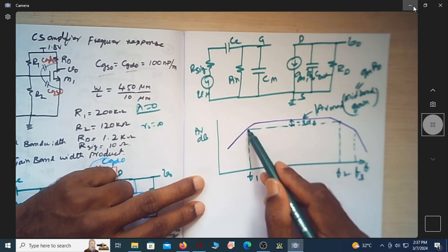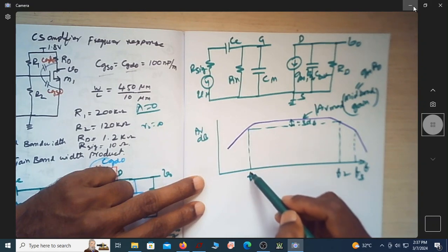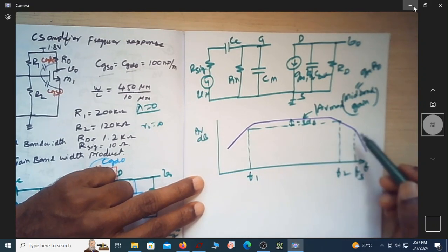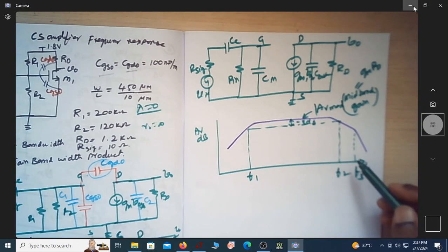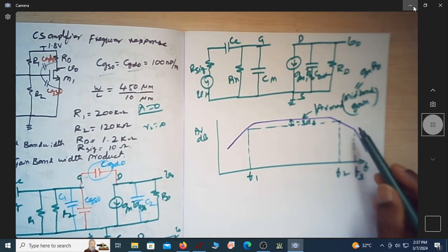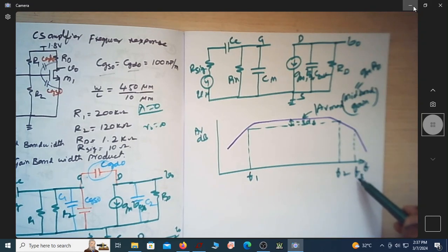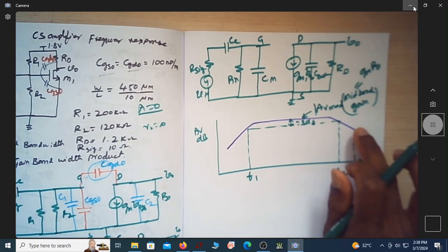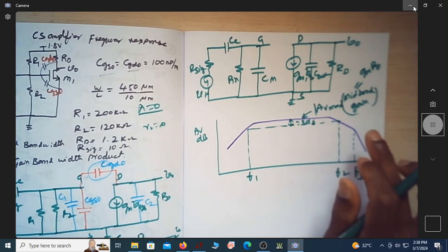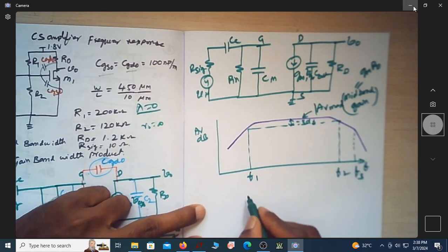Where it cuts the frequency response, that is F1 here, similarly F2 here, and for F3 there is nothing like 3 dB or 6 dB or 10 dB down. Wherever there is a change in slope, that is F3. So of course we need to mention this approximately. Now what is the bandwidth?